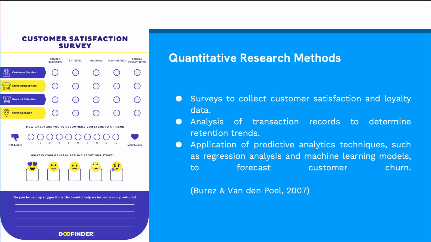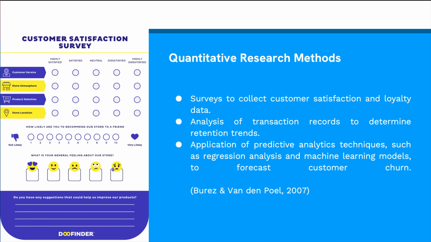The second one is analysis of transaction records to determine retention trends. So we can track customers' transaction records to know which are the best selling SKU items, or which are the most returned SKU items, to know the market trends.